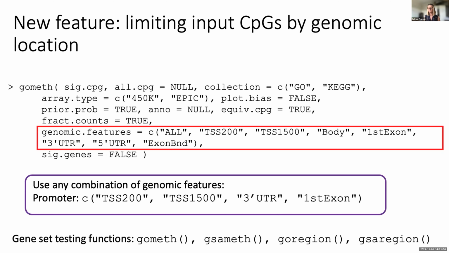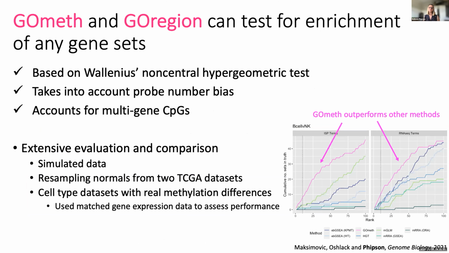So, I'll just summarize, GOMETH and Goregion can test for enrichment of any gene sets. They're very flexible and very robust methods. They're based on Wallenius' non-central hypergeometric test, and it can take into account these two different sources of bias that I've spoken about, what we call probe number bias and multi-gene bias.